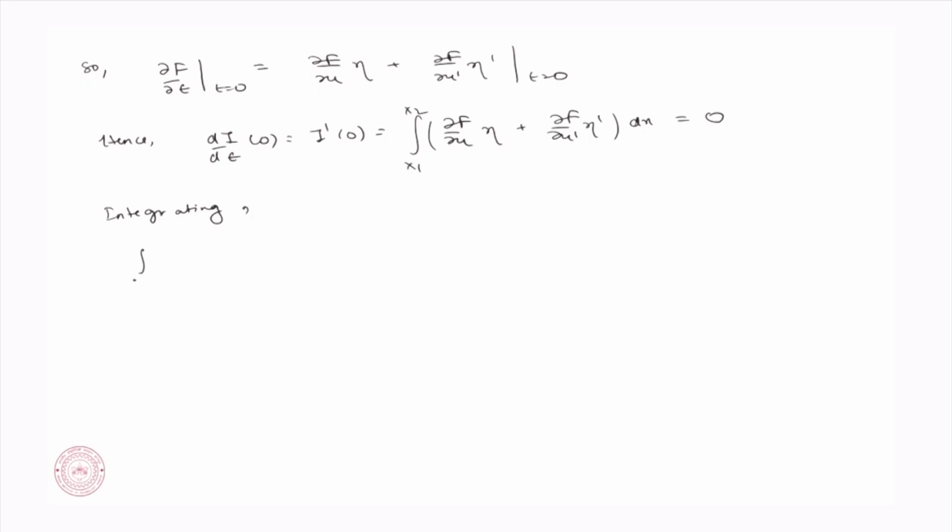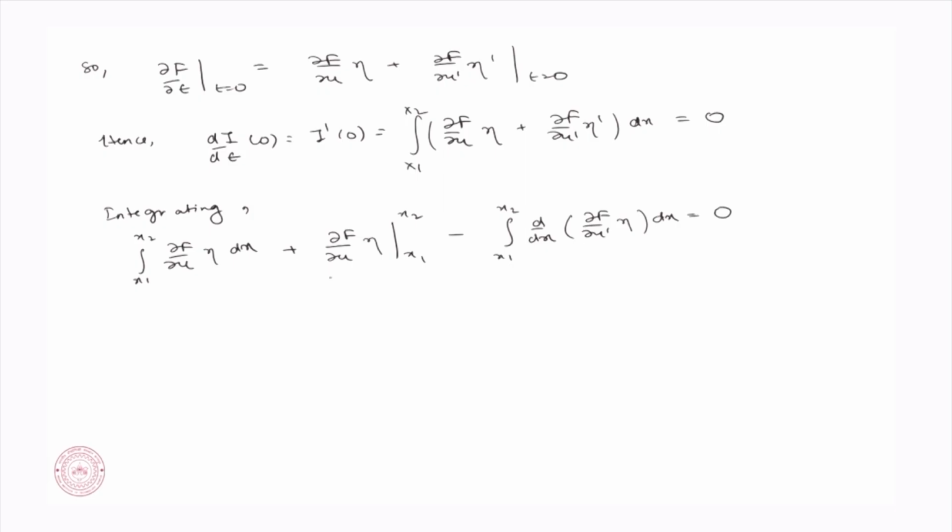So, the first term will be the integration from x1 to x2 of del F by del u times eta, dx, plus del F by del u prime times eta evaluated from x1 to x2, minus the integration from x1 to x2 of d by dx of del F by del u prime times eta, dx, equals 0. Okay. So, this becomes our net outcome.